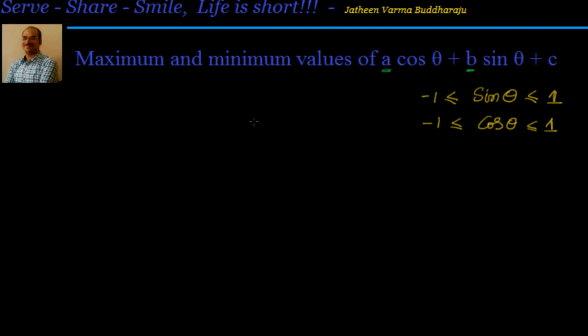What I will do first is, I see that the coefficients are a and b. So I will draw a right angle triangle to find an angle which will have sine and cos with the values of a and b.